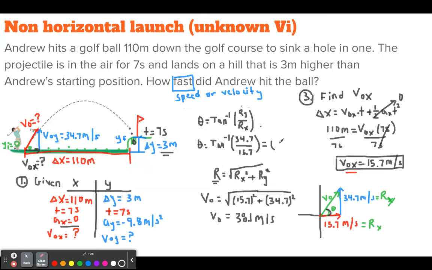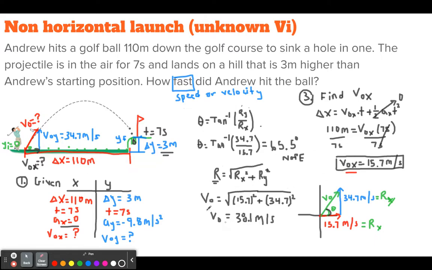And we get 65.5 degrees. You can either say this is north of east or above the horizontal. Also works.